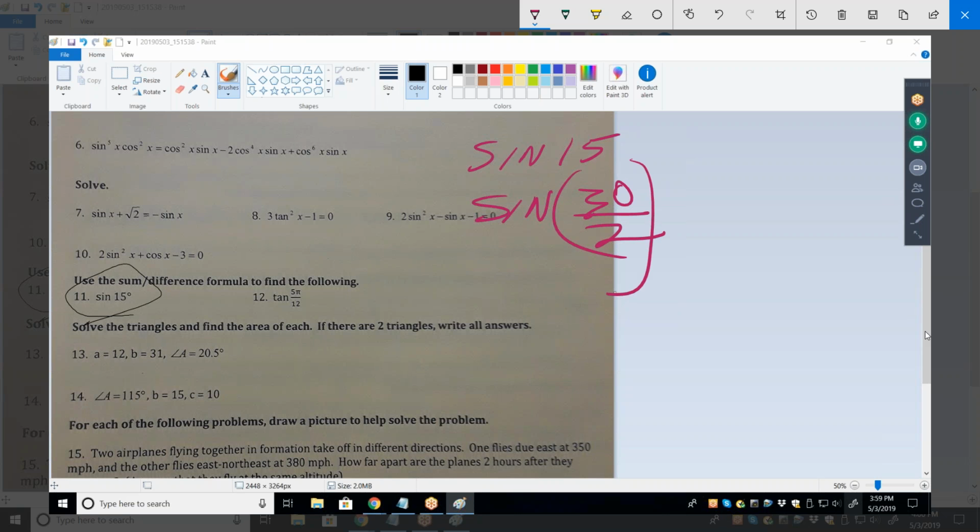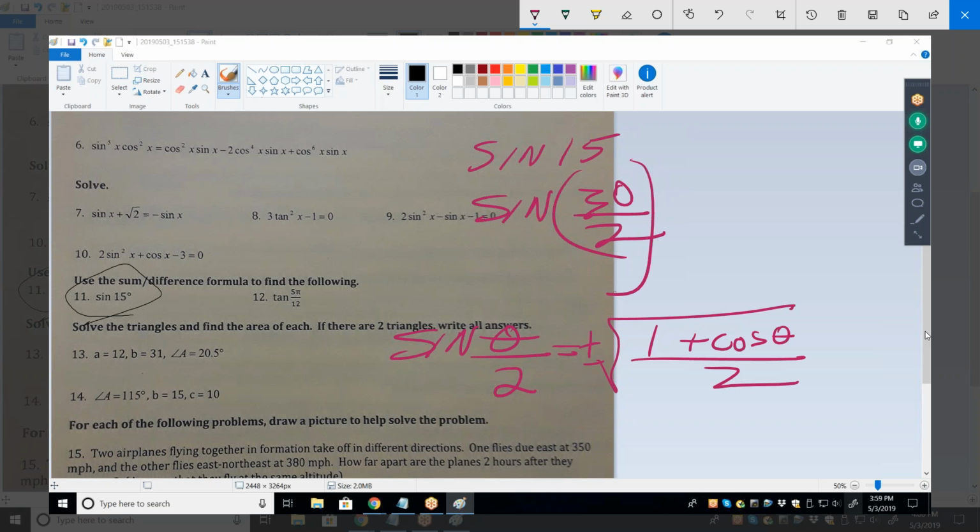Yes. And what is the identity for the sine of theta over 2? I think it's that. Want me to look it up, or do you have it in front of you?